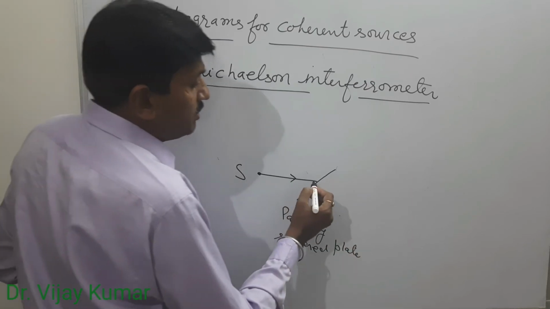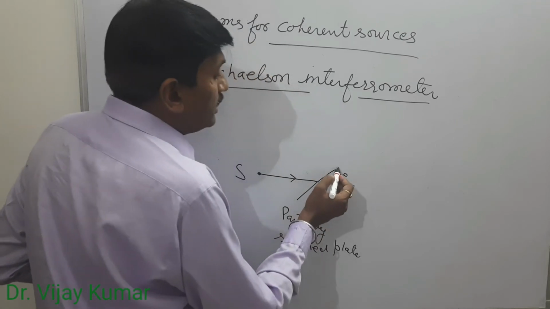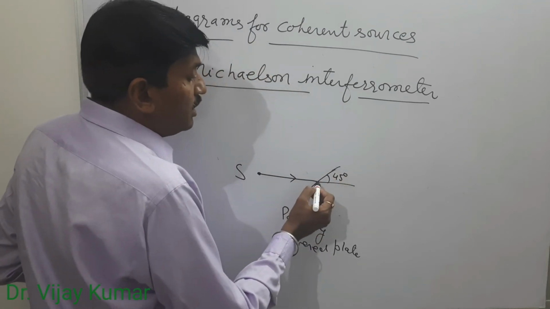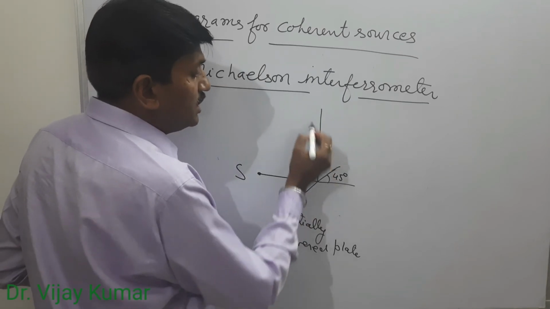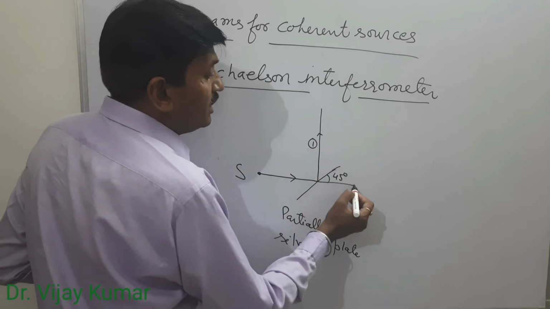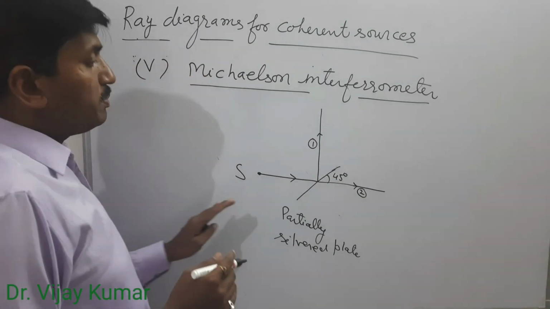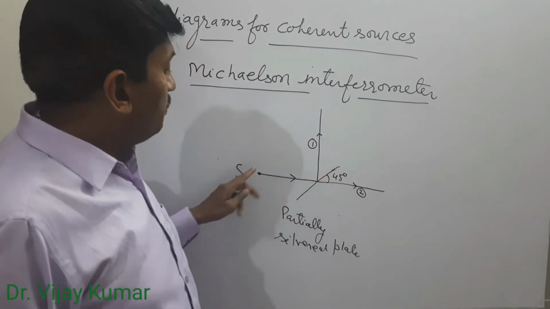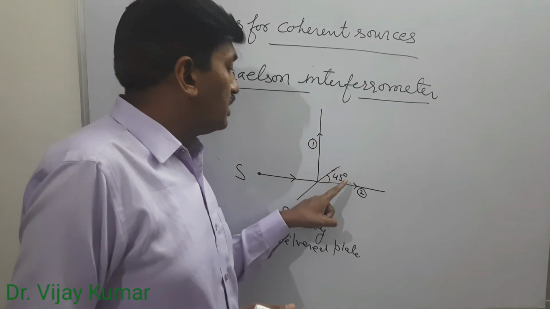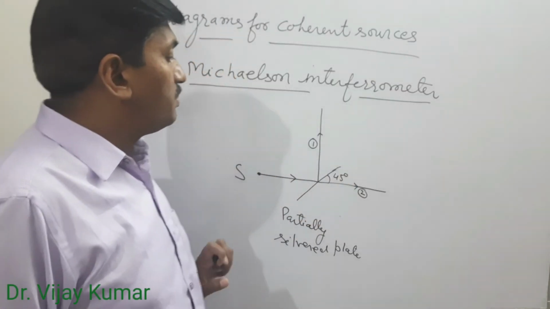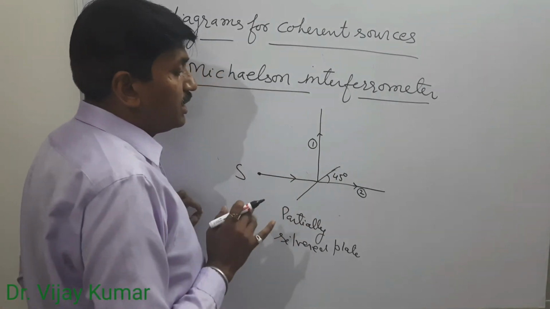This is a partially silvered plate inclined at 45 degrees, and this partially silvered plate reflects 50% of the light in this direction, ray 1, and refracts 50% of the light in this direction. So some part of the light is reflected by this partially silvered plate, and some part is refracted, and ray 1 and ray 2 are the division of this incident ray.